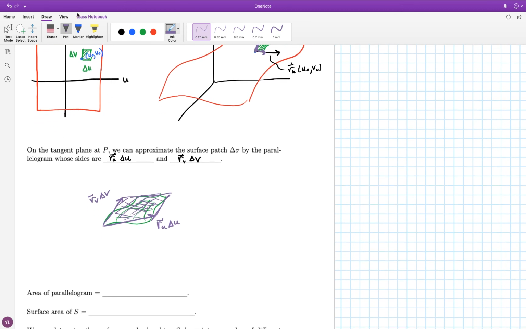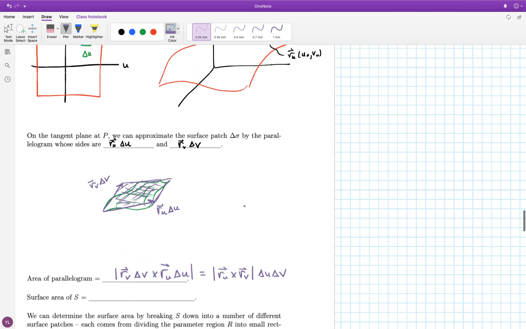So the area of the parallelogram formed by those two vectors, of course, we know from the cross product section, is this cross this, again omitting the inputs u naught, v naught in both cases. And the delta v and the delta u are scalar quantities that can be factored out, like this.